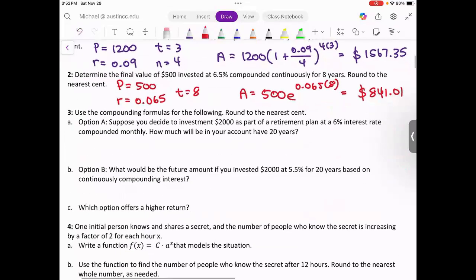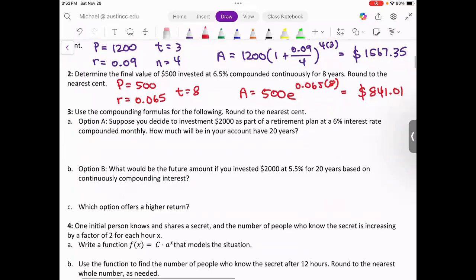Now, suppose we decide to invest $2,000 as part of a retirement plan at a 6% interest rate, compounded monthly. How much will your account have in 20 years? So let's again look at what we've got. We've got an initial amount of 2,000. Our rate is 6%. It's in the account for 20 years, and it's compounded monthly, or 12 times a year.